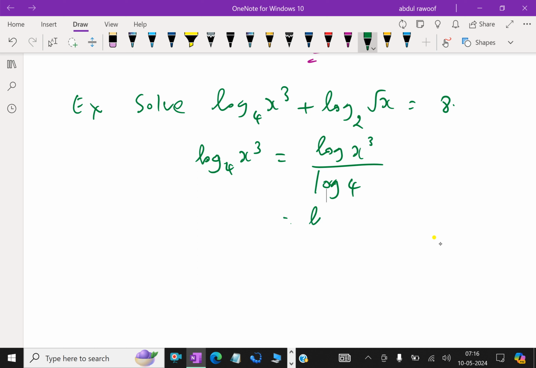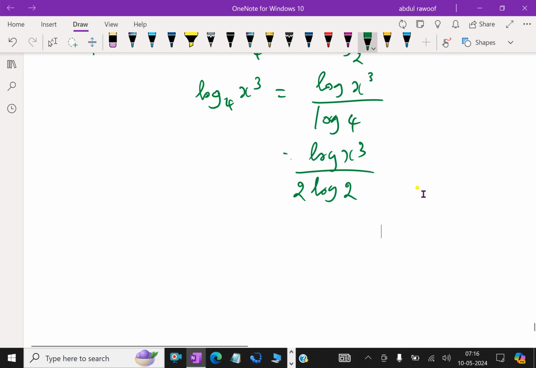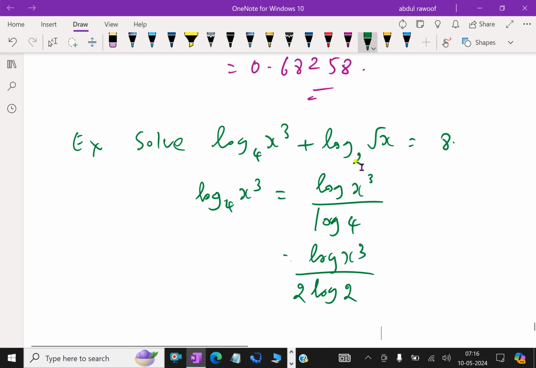Which is further equal to log of x cube over log 4, where 4 can be written as 2 squared, that is 2 log 2, because log 4 is 2 log 2, and log x base 2 is as it is.